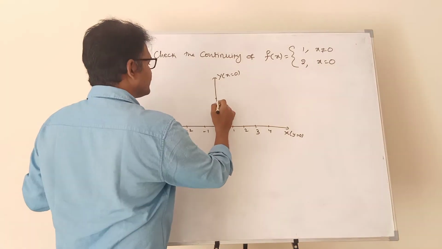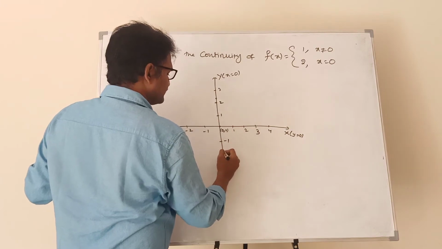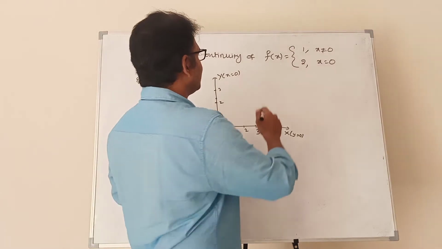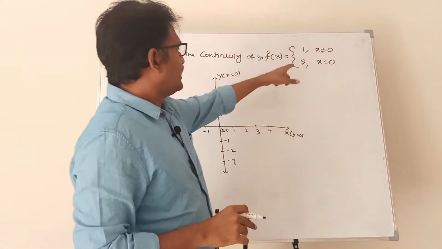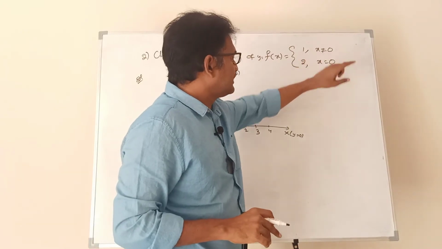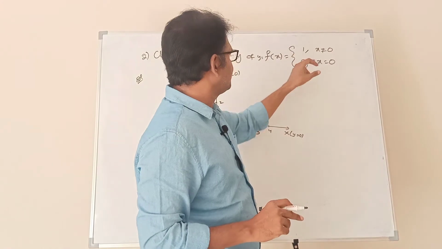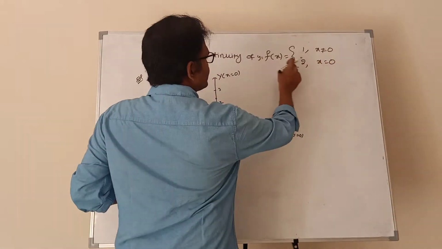Here y value plus 1, plus 2, plus 3, minus 1, minus 2, minus 3. So first, always f of x equal to y. Next, observe the function. If x not equal to 0, what is the y value? 1. If x equal to 0, the y value is 2.